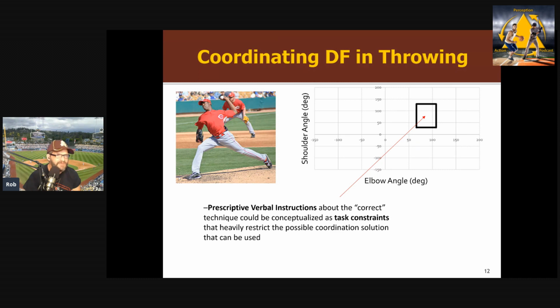You have to be in this box. So by giving you all these instructions about how to do the movement, those can essentially be conceptualized as task constraints. They're very, very constraining task constraints. So we basically reduce the field to a little pen that you have to live in. So we can conceptualize prescriptive instruction in that way. So I just wanted to show that.